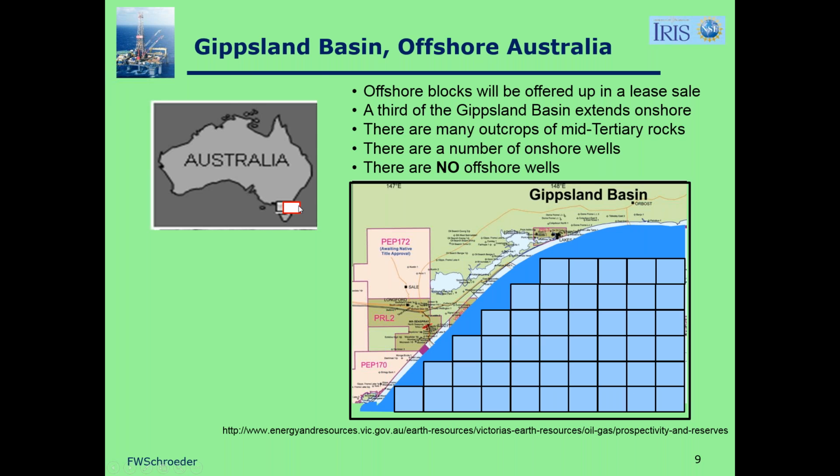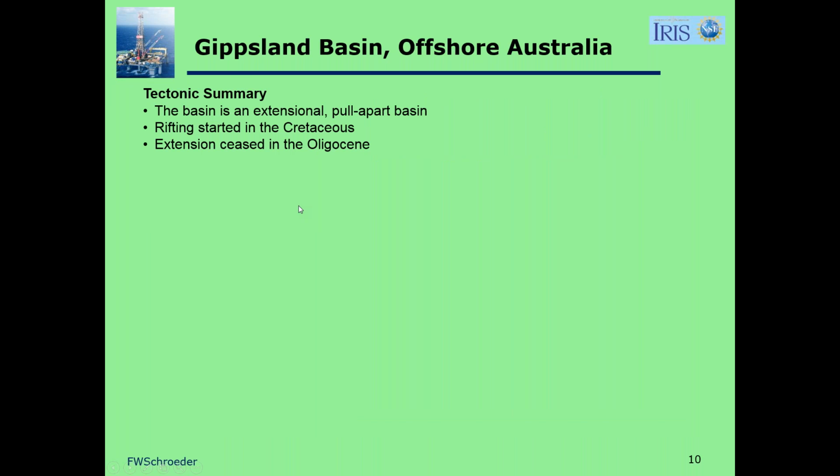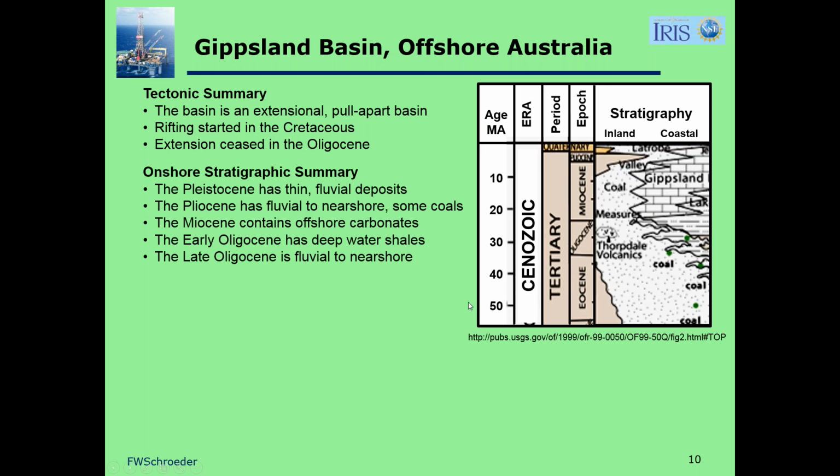When the extension in the Gippsland Basin ceased in the Oligocene, that's when the extension stopped occurring. And in essence, the area rapidly collapsed as we take away the tectonic driving force of the extension and the heat from the mantle that's associated with that.